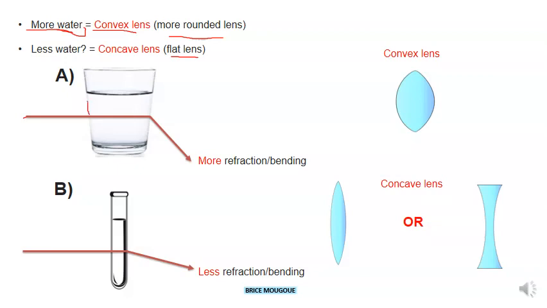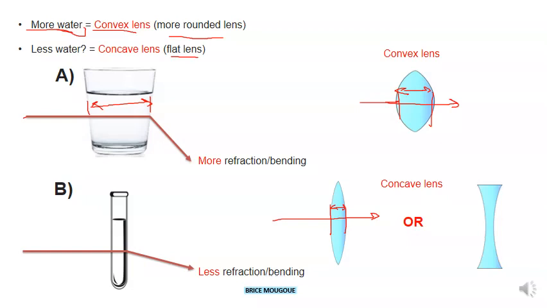Remember again, this distance is more here, it's more water. My convex lens also, as light is passing through, will present more water in the path of light. Meanwhile, my concave lens, as light passes through, will present less water in the path of light.